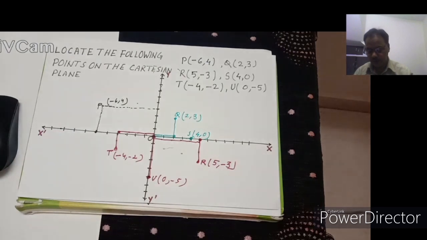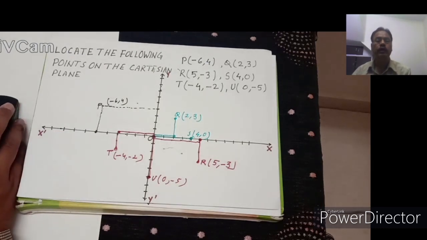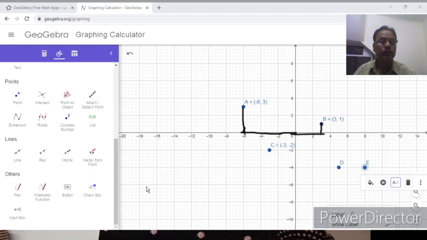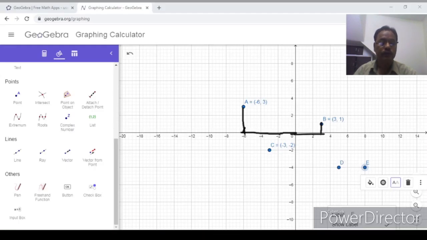Now to understand some more about the location of the points, we are coming to the GeoGebra. Yes.